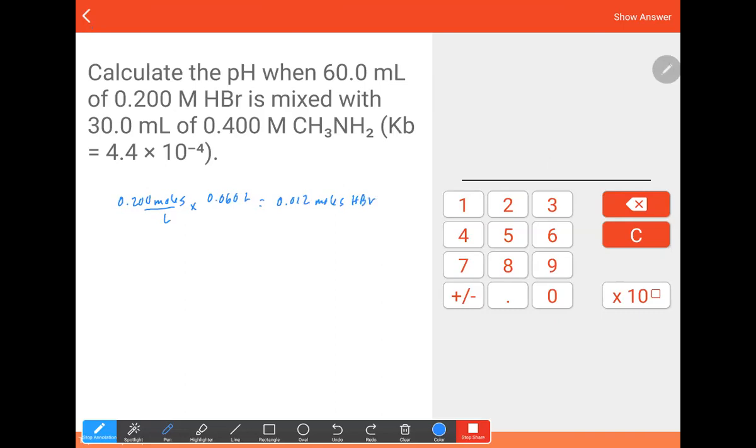Now for our weak base, we have 0.400 moles per liter, times 0.3. I see one is double, one is half, so that's going to be the same amount of moles.